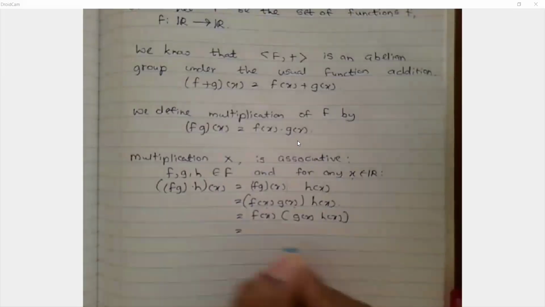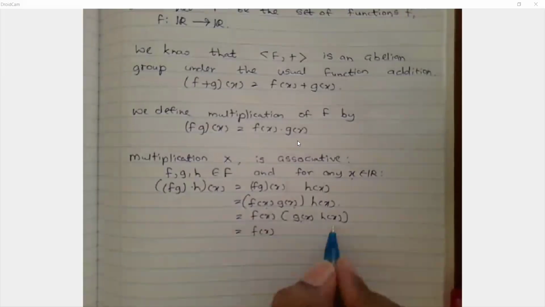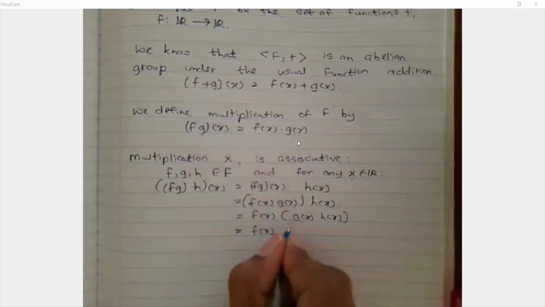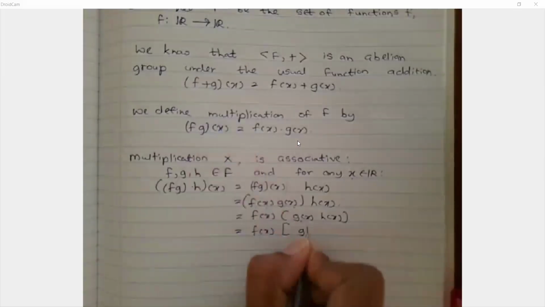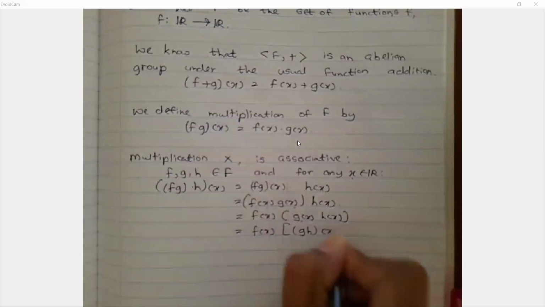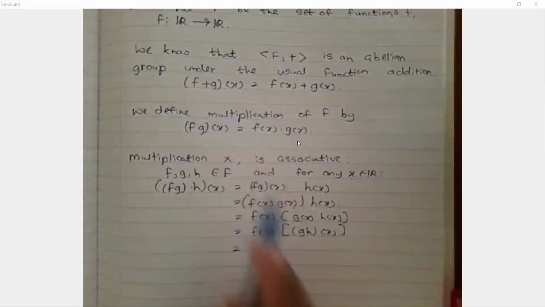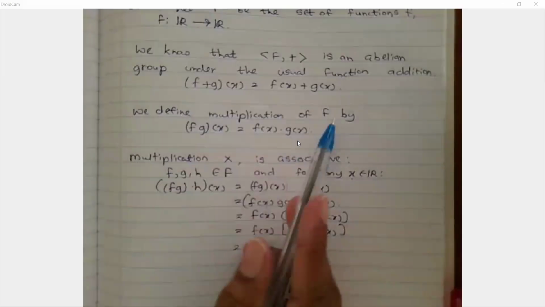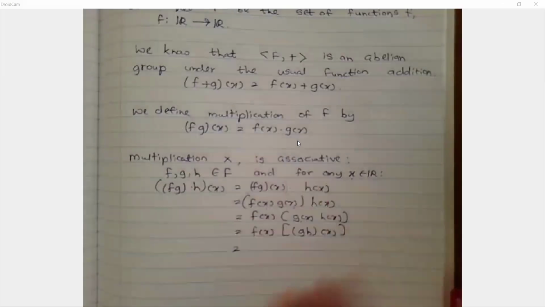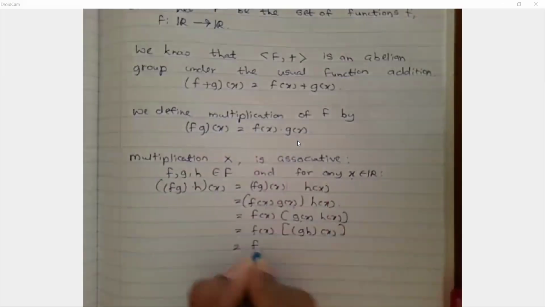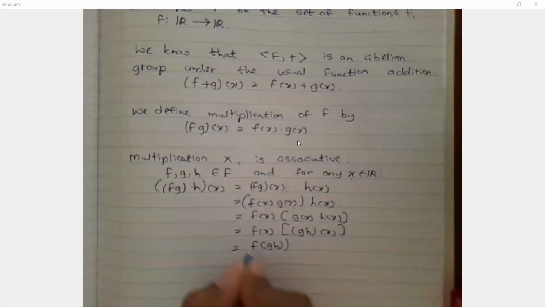Now, once again, putting all this back together, going back to this definition, g of x times h of x, with this definition we see is (g times h) of x. Once again, going back to the definition of multiplication over F, we see that this is (f times gh) of x. So the associative property holds.